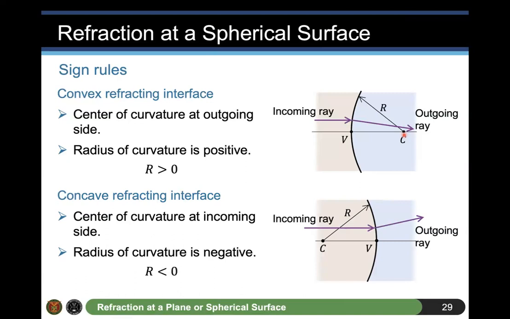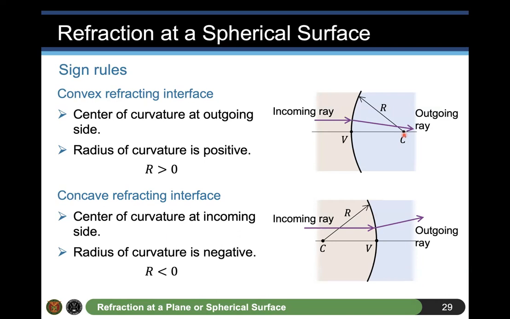So, dito lang siya magpapalit ng sign ng radius. Kung reflecting, ang convex, R is less than 0. Kung refracting, convex, R is greater than 0. Okay. Same with concave. For a reflecting concave, R is positive. For a refracting concave, R is negative.